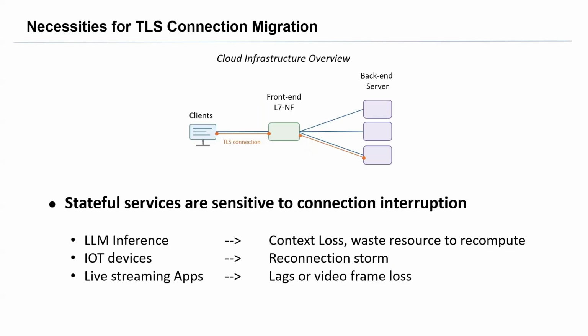For LLM inference, it will result in context loss and waste resources to recompute the tokens. For IoT devices, simultaneous disconnection will result in a reconnection storm. And for live streaming apps, the disconnection will cause video lag or video frame loss.